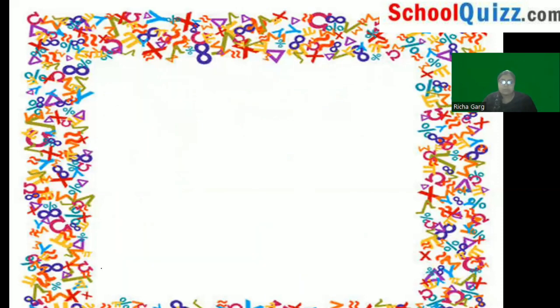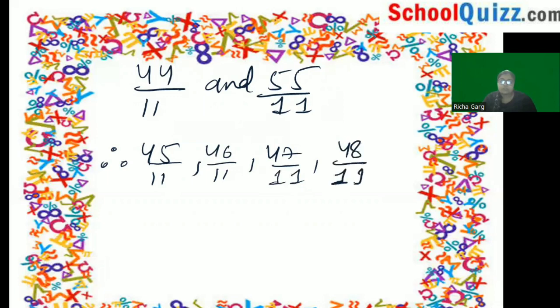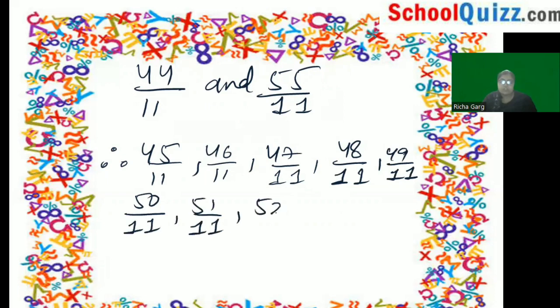Between 44 upon 11 and 55 upon 11, let's see how many rational numbers we can say: 45 upon 11, 46 upon 11, 47 upon 11, 48 upon 11, 49 upon 11, 50 upon 11, 51 upon 11, 52 upon 11, 53 upon 11, and 54 upon 11.